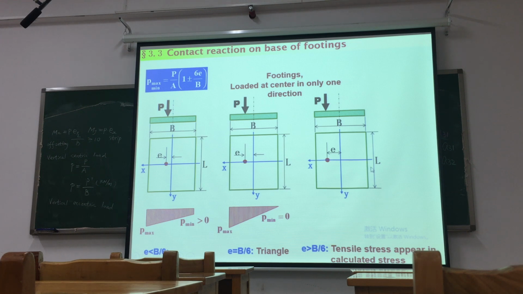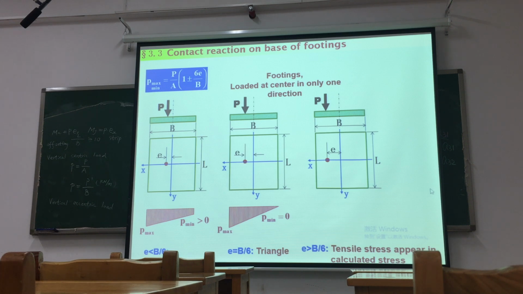In some region, tension appears between the foundation and the subsoil. But we know soils have no tension stress, okay. So maybe in this region, the foundation and the ground may separate. So the stress will equal 0 in this region.